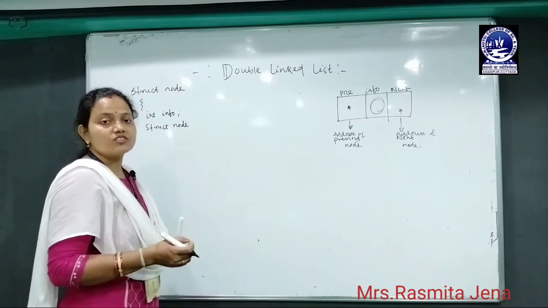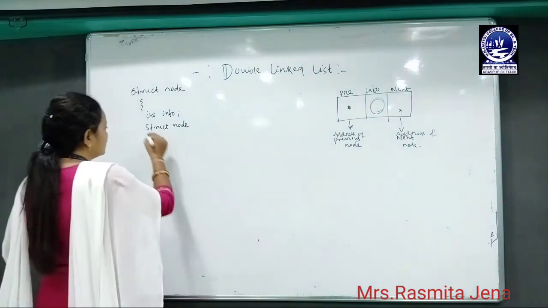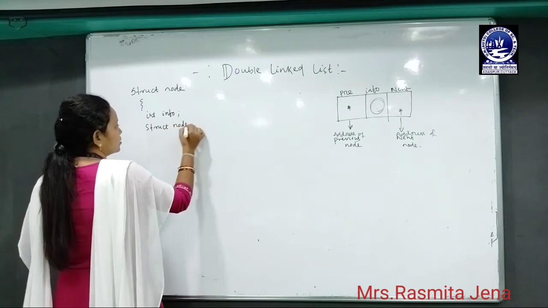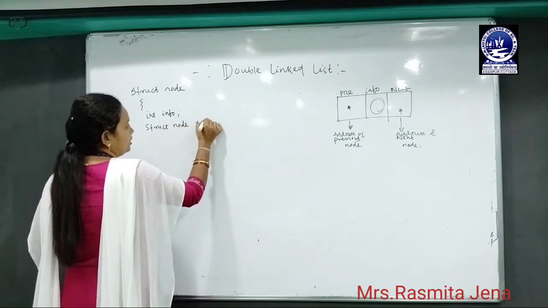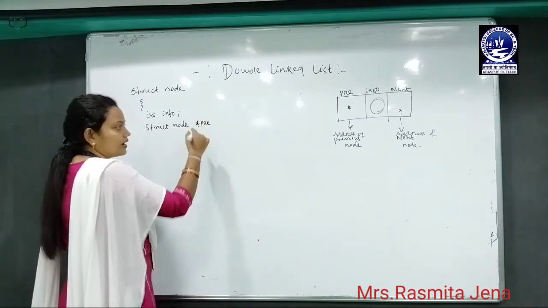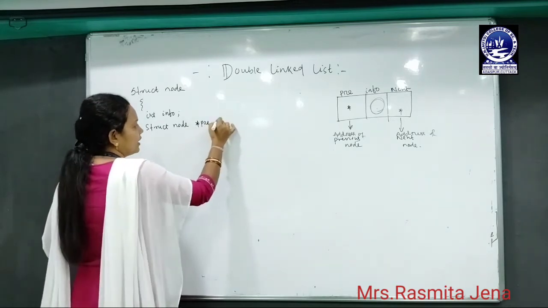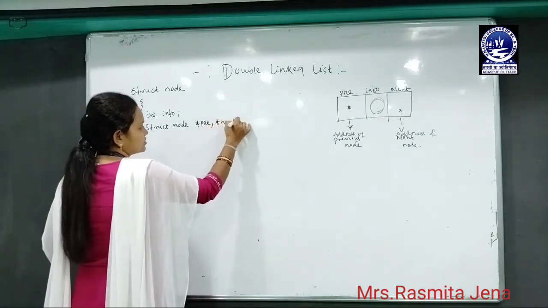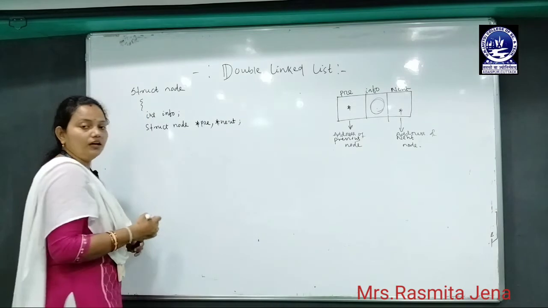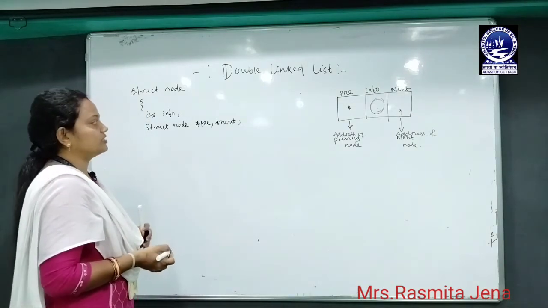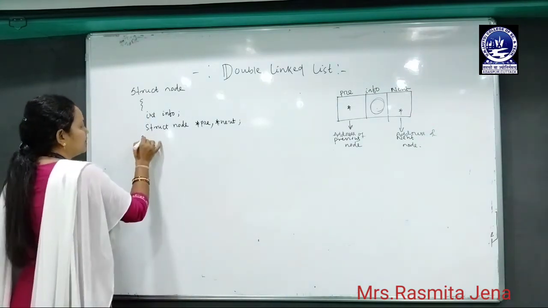So the data type becomes struct node pre. This pre-pointer holds the address of the previous node and this next pointer will hold the address of the next node. This is the structure declaration for the double linked list.